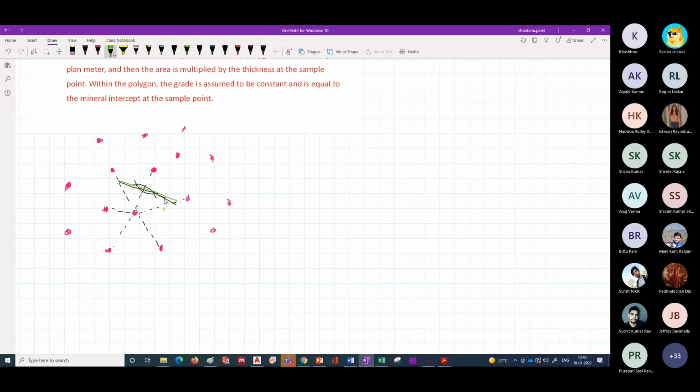Similarly, this is the perpendicular bisector for this, this one, this one, and this one. Can you see? We create a polygon like this.